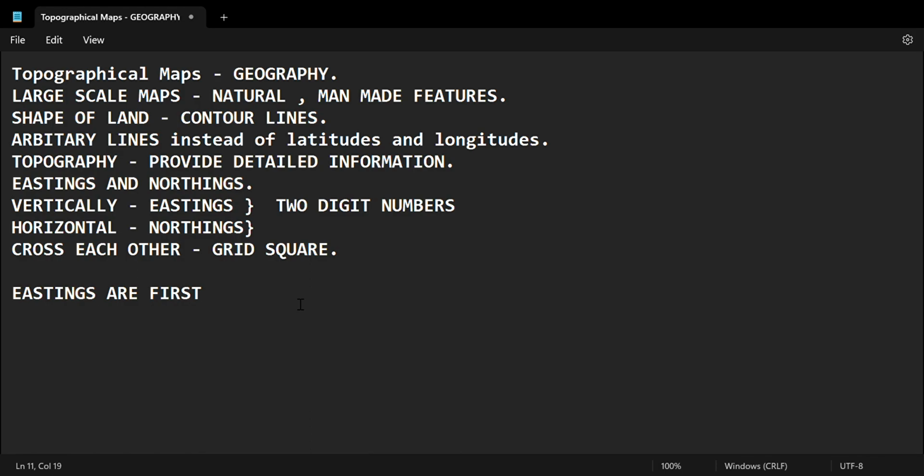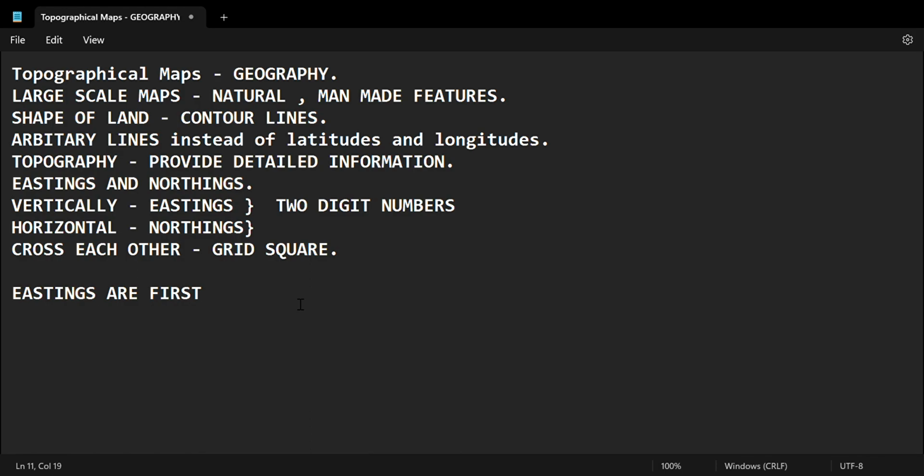The distance between any two adjacent contour lines is called the horizontal equivalent, and the horizontal equivalent is calculated with the help of the scale of the map. The value of the HE is less when the slope is steep and more when the slope is gentle. I will show you that. Contour lines on the topographical maps made by Survey of India are measured in meters.